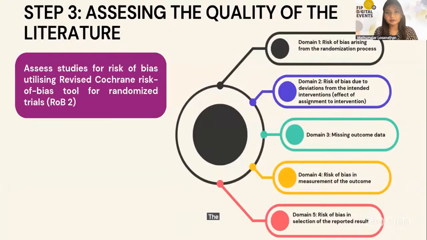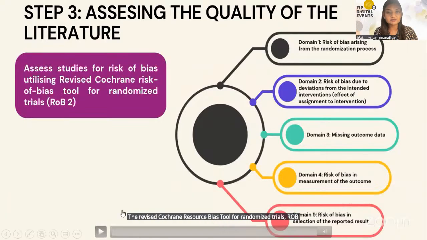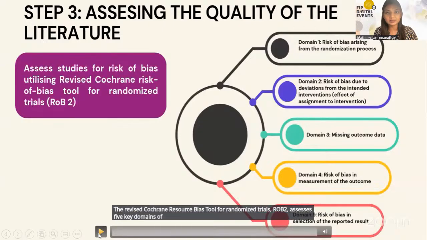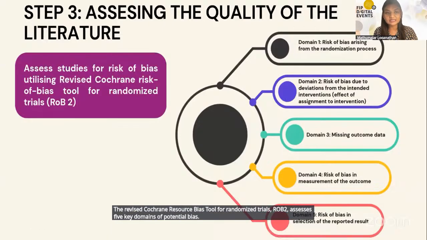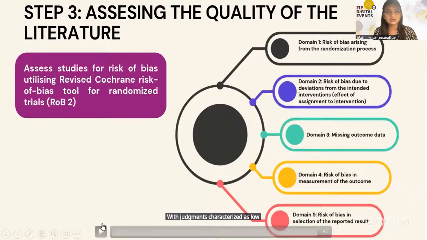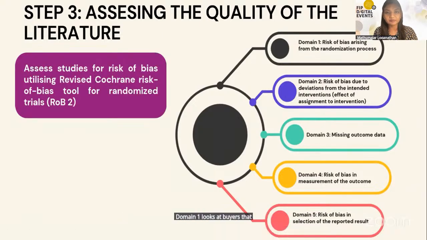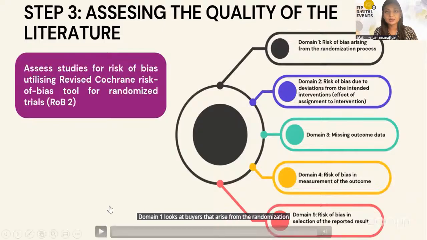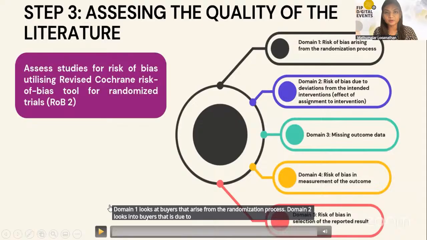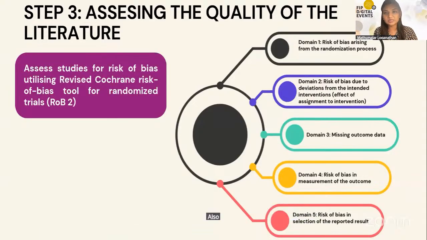The revised Cochrane Risk of Bias tool for randomized trials, ROB2, assesses 5 key domains of potential bias, with judgments characterized as low risk, some concerns, or high risk. Domain 1 looks at bias that arises from the randomization process. Domain 2 looks into bias that is due to deviations from intended interventions, also known as performance bias.